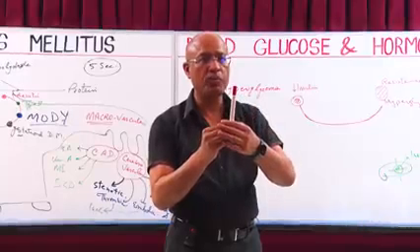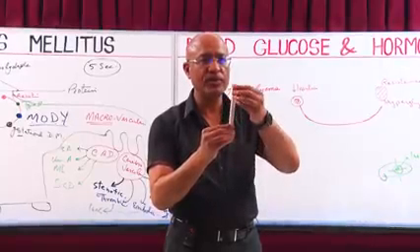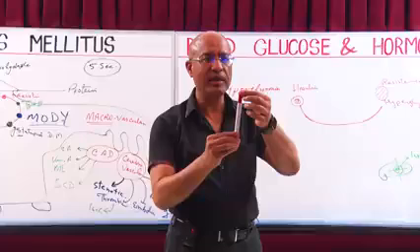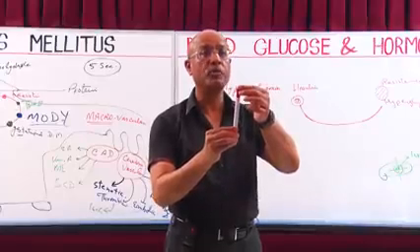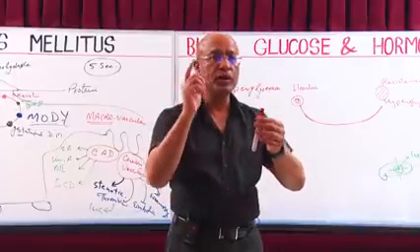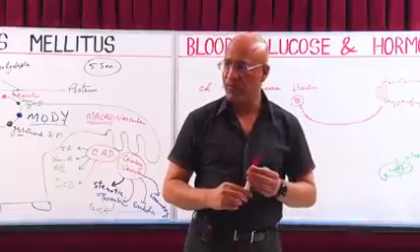It will pool into the lower part of the body, venous return will be less, cardiac output will be less, and when there is less cardiac output, the patient may develop vertigo, even blackouts, right?